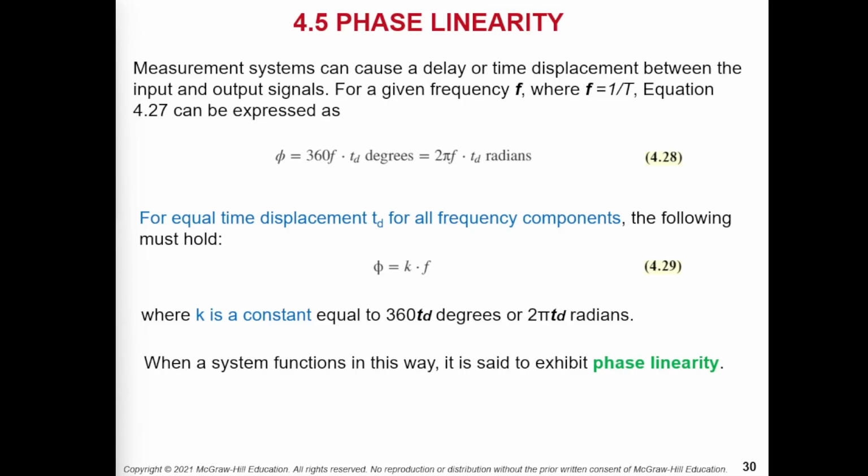Or for here, 2 pi td will become k. So if 360 td or 2 pi td is constant, k is constant, and that means you have phase linearity.